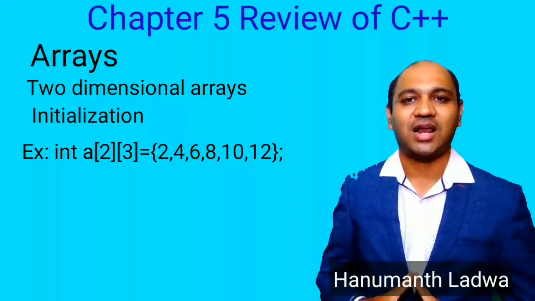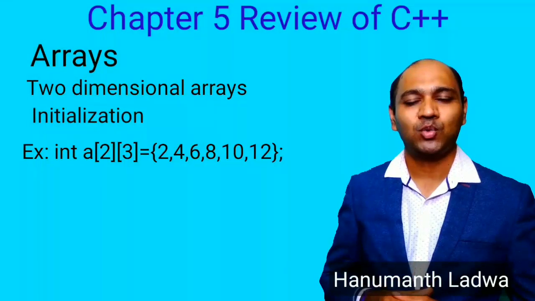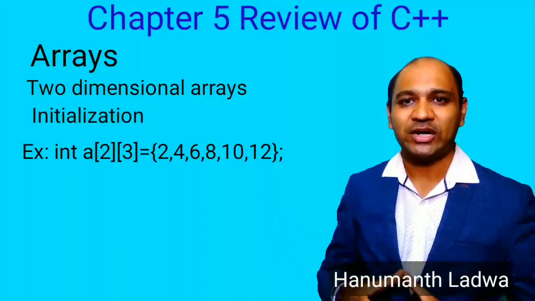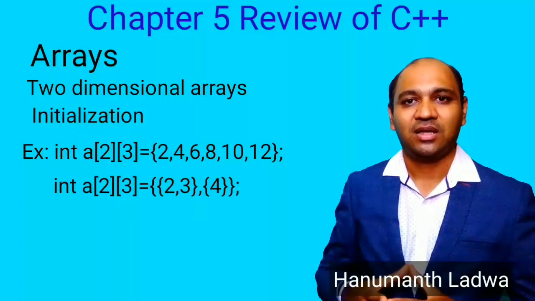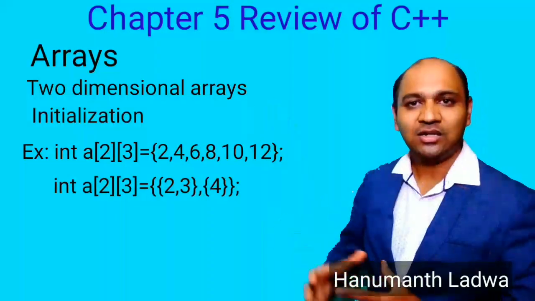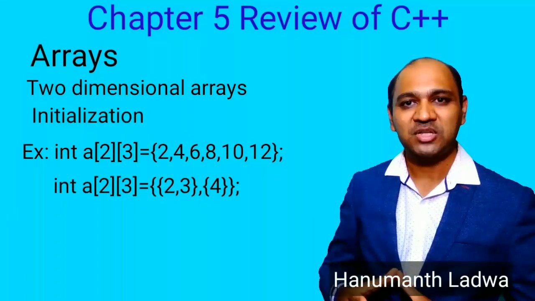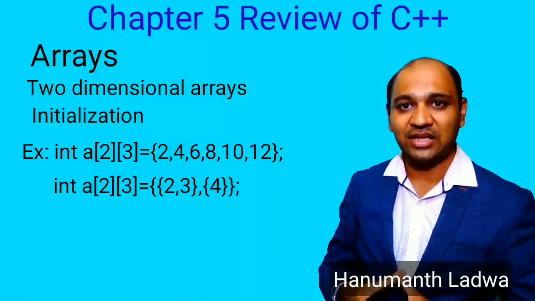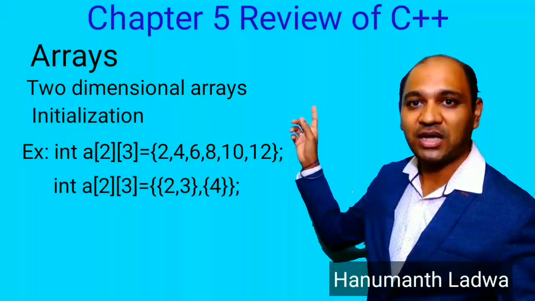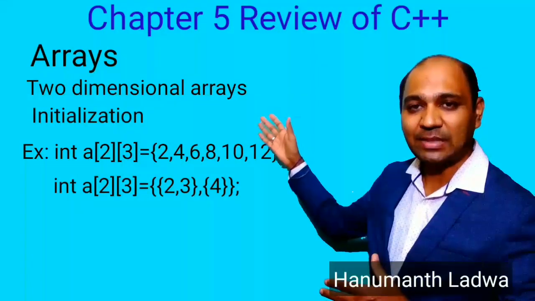Now let us take another example. What will happen if I take only few elements rather than taking 6 elements as that of the size? So let us take example int a[2][3] equal to, and then we are going to write a curly open brace, and inside of the curly open brace we'll use one more curly open brace, and there we are going to write 2, 3 closing curly brace, comma, next I'll write a curly open and closing brace 4 and then curly closing brace, semicolon.